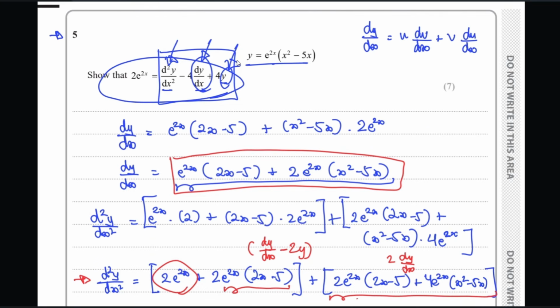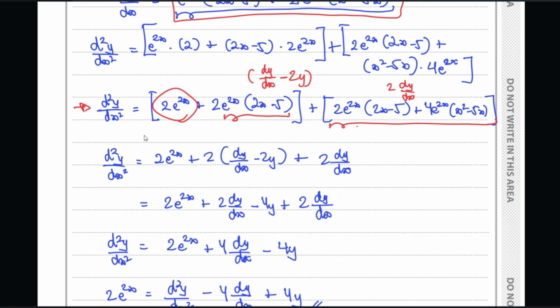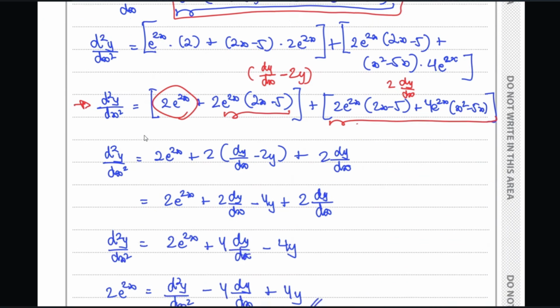And that would be the right-hand side. You simplify it, and after you simplify the right-hand side, it should be equal to left-hand side. That's another way to solve this question. It can be longer, but it won't be very difficult. This method can be difficult, but it is faster and shorter. So that's the end of question 5.